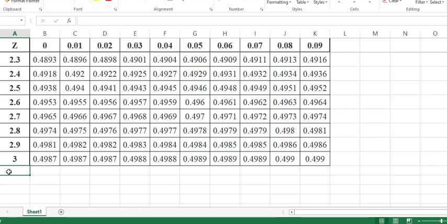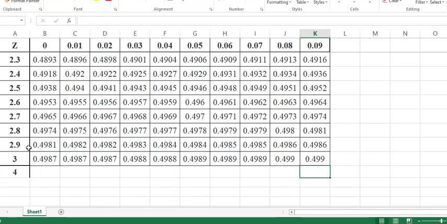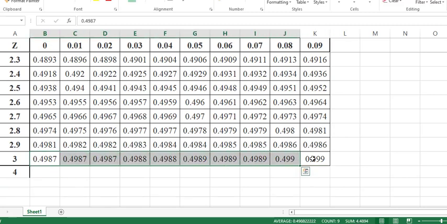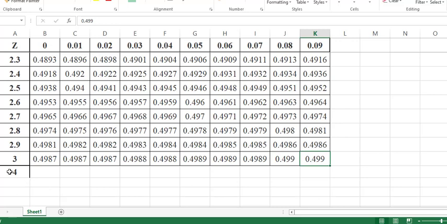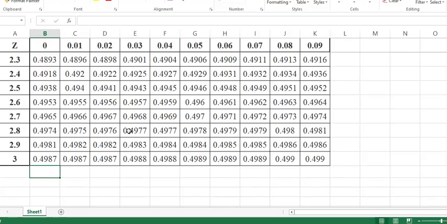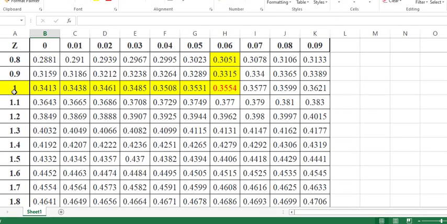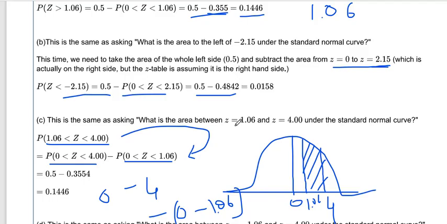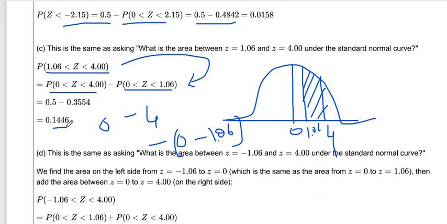If we increase from 4, it will stay about 0.5. You can see that the values are increasing. So above 4 we get 0.5. And for 1.06, we have already highlighted 0.3554. So we get the answer.